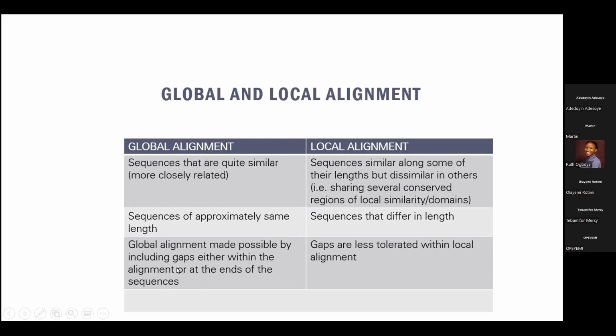Global alignment is made possible by including gaps either within the alignment or at the ends of the alignment. While gaps are not tolerated in local alignment. We're going to be looking at gaps in the next slide.